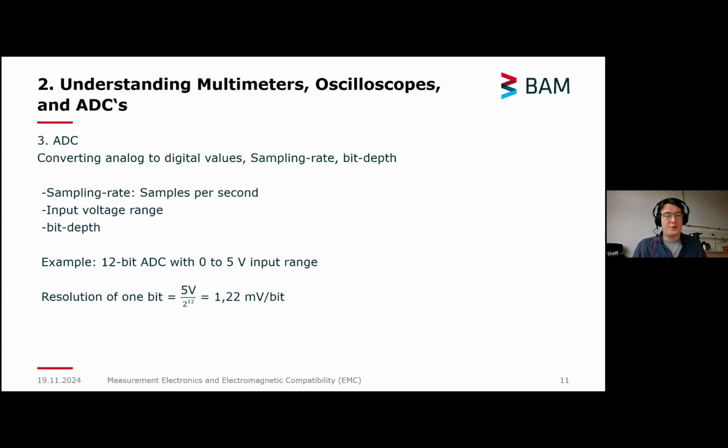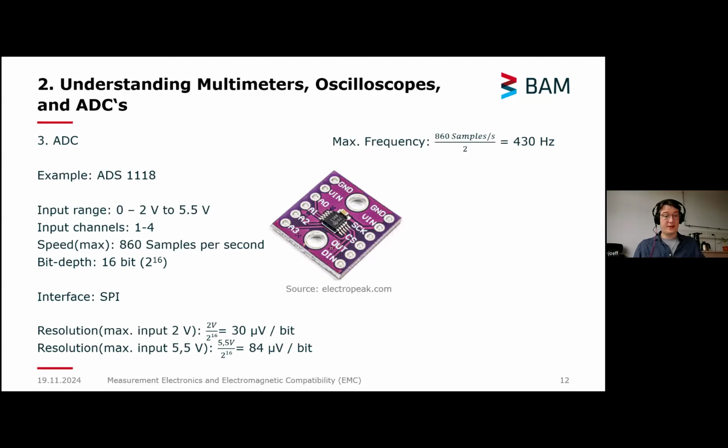So we see we have 1.22 millivolts per bit at 5 volts, and the 16-bit depth of this analog digital converter is way smaller. At 5.5 volts maximum input range, we have 84 microvolts per bit. So that's the resolution. It's an order of magnitude less. It's finer and you can see more details.